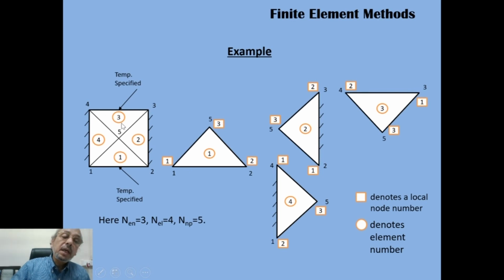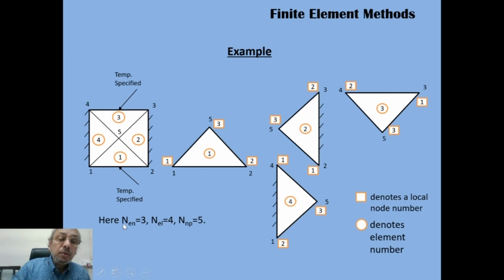Now take the third element. This is the element number. Again, 1, 2, 3 are the local node numbers, but with respect to global node numbers, this is 3, this is 4, this is 5. Finally, the fourth element, element 4: 1, 2, 3 are the local node numbers, but the global node numbers are 1, 5, 4.